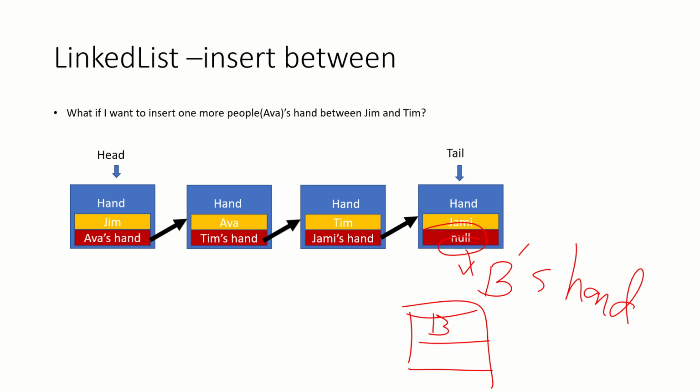Who is the tail? Right? Because we know Jimmy is the tail, right? It's the last one. But from a programming perspective, most people have no idea who would be the tail. How do you find the tail? How can you find the tail?